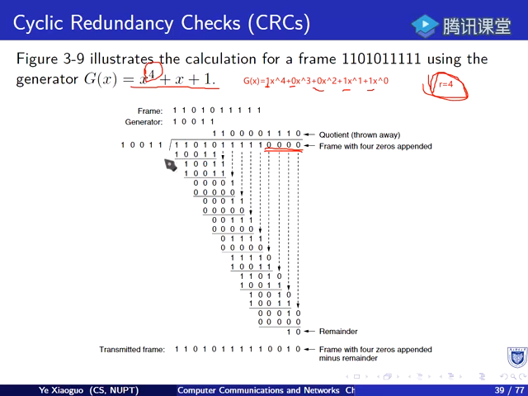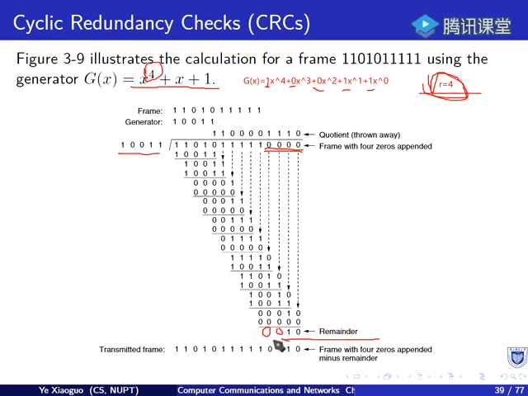Then we should use this divisor, then get a remainder. The number of bits of the remainder must be less than or equal to 4 bits, R bits, right?